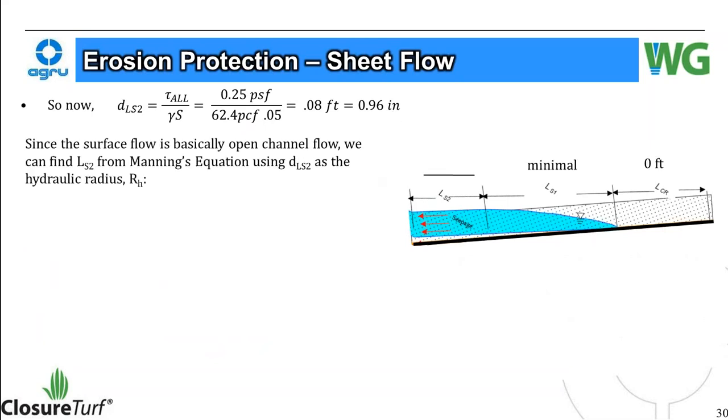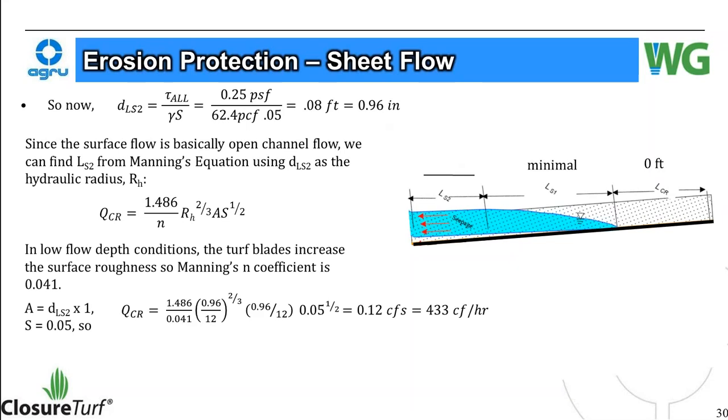Since the surface flow is basically open channel flow, we can find the length L sub S2 from Manning's equation using this depth of flow as the hydraulic radius. In Manning's equation here, which will give us a critical flow of 433 cubic feet per hour.